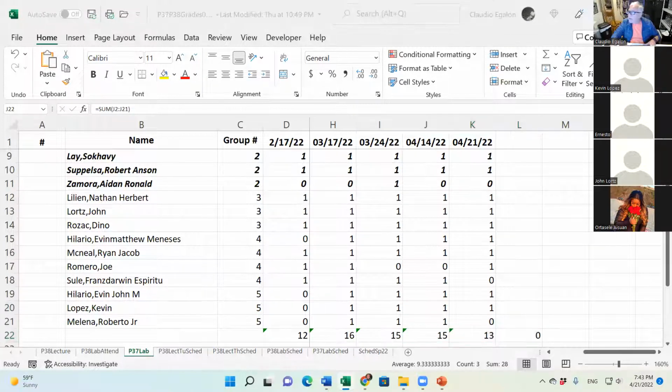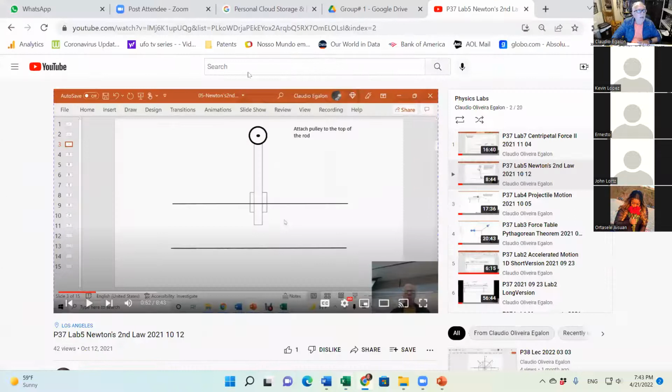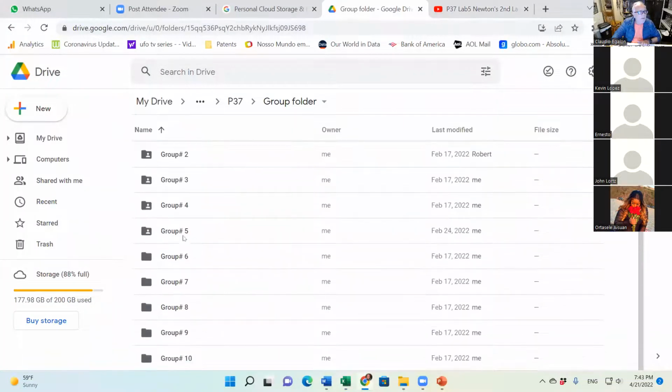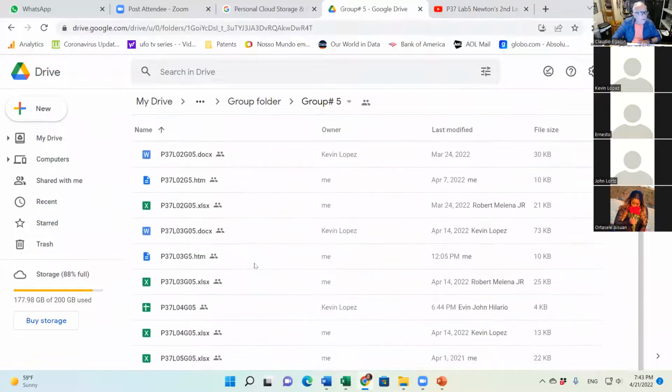Let me see here. Hey, Robert, are you there? Professor, which spreadsheet are you currently talking about? Lab 5. Which group are you? I am group 5. Let's take a look at group 5. It's in the group folder.